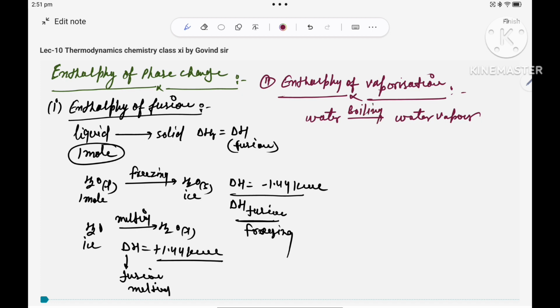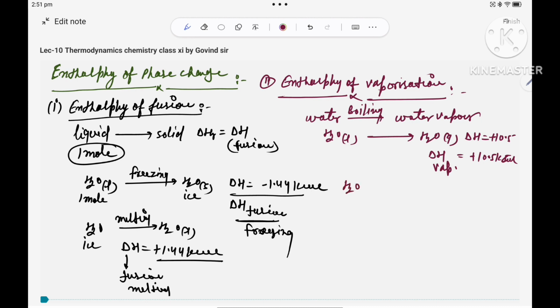So here H2O liquid to H2O gas, and delta H is given as plus 10.5 kilojoule per mole. So here delta H for vaporization is equal to plus 10.5 kilojoule or kilocalorie.